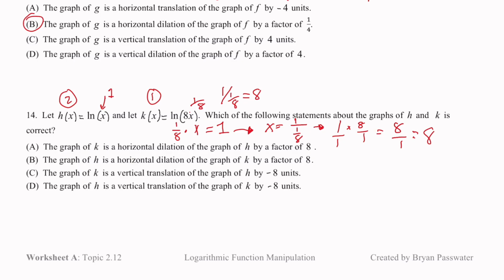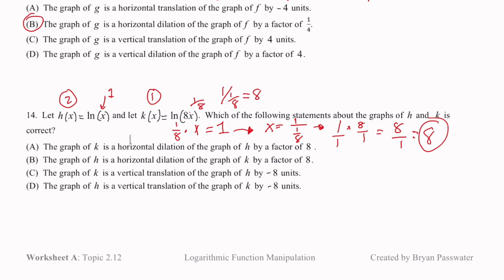So it looks like we had a horizontal dilation of 8 with K of X to give us H of X. So if we look in our answer choices, it should say that the graph of K had a horizontal dilation to get the graph of H of X, which is the same thing as saying the graph of H of X is a horizontal dilation of K of X. So if we look here, A says the graph of K is a horizontal dilation of the graph of H by a factor of 8.